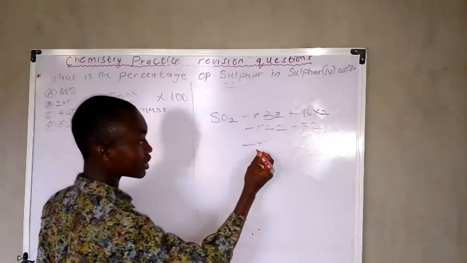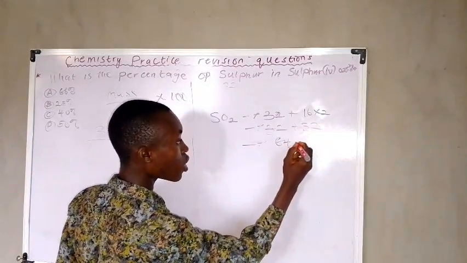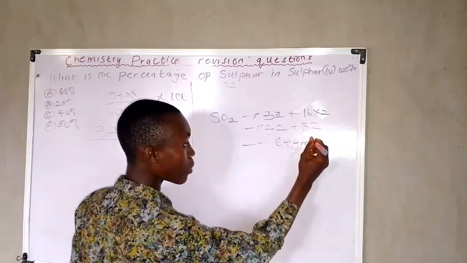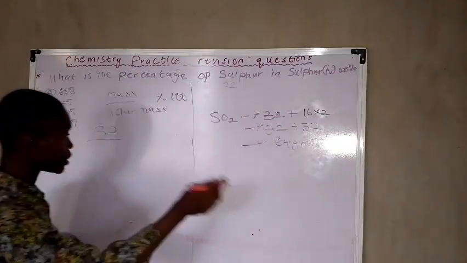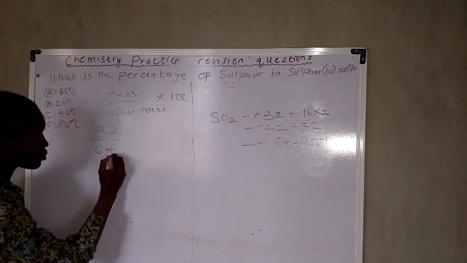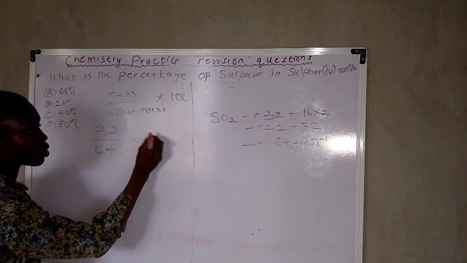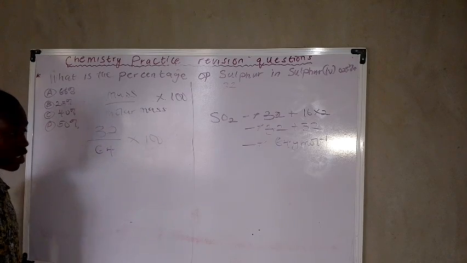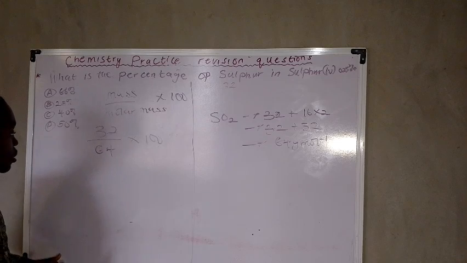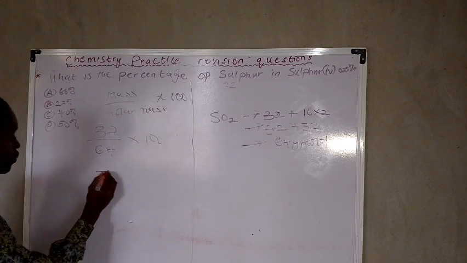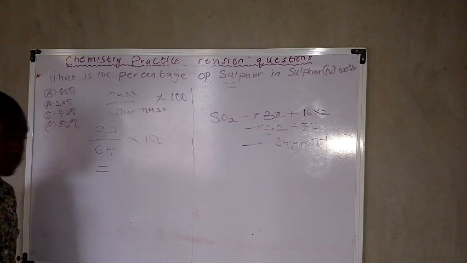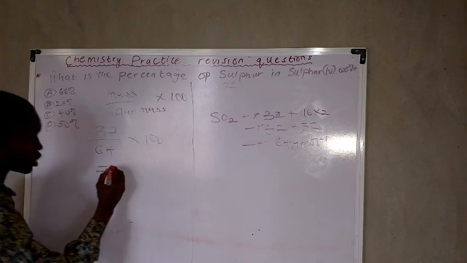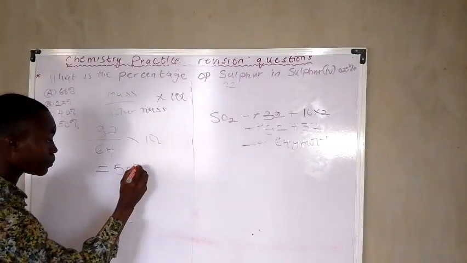The final answer is 64 grams per mole. Now let's input it. We have 64 times 100. Now 32 divided by 64 times 100 is going to give 50%.